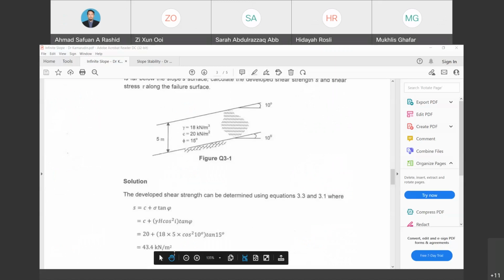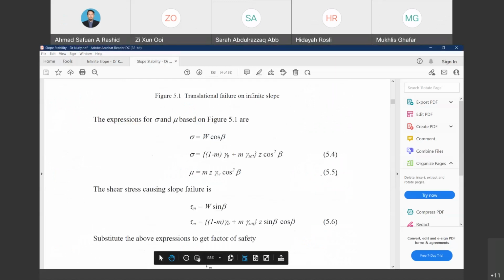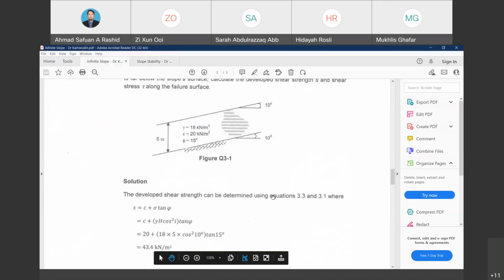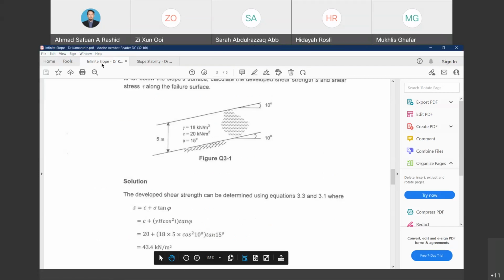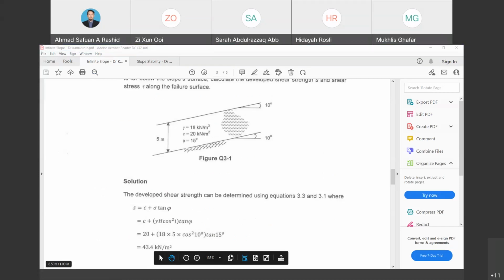So 20 over, gamma is 18, H is equal to 5, times cos square beta tangent beta.